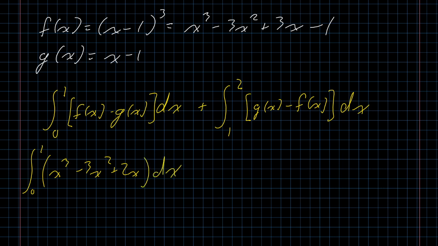So there's that. And then when we subtract in the other order, we'll get the same terms. They'll just all have their signs flipped, from positive to negative, from negative to positive. So it'll be minus x cubed plus 3x squared minus 2x dx.